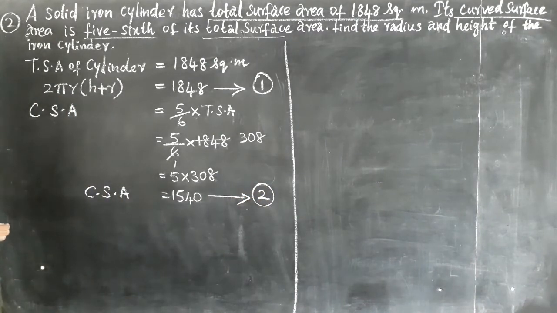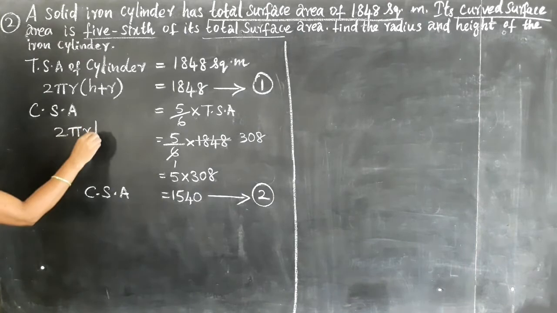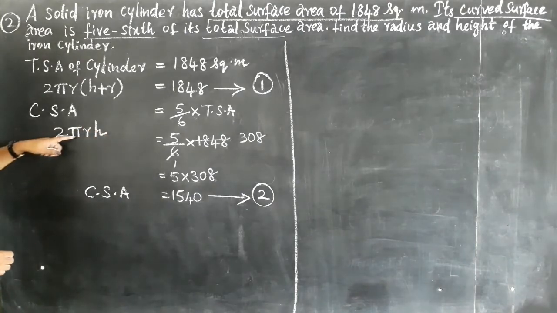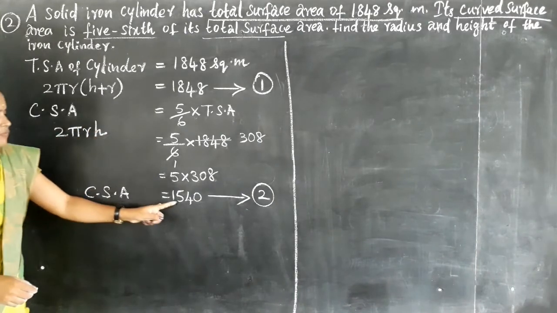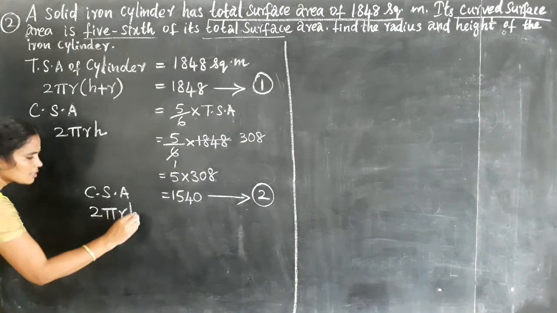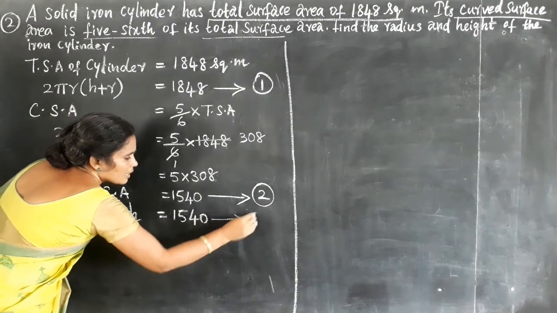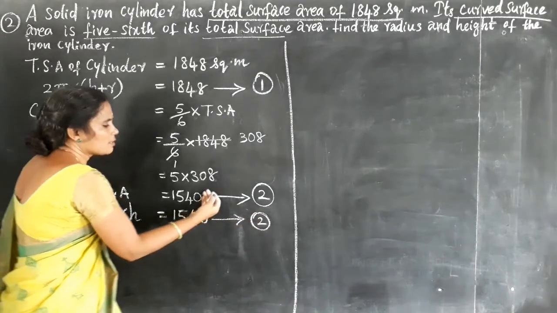In the next step, here we can use CSA as 2πrh. So CSA 2πrh is equal to 1540. Using that, 2πrh is equal to 1540. You can write equation number 2 here.